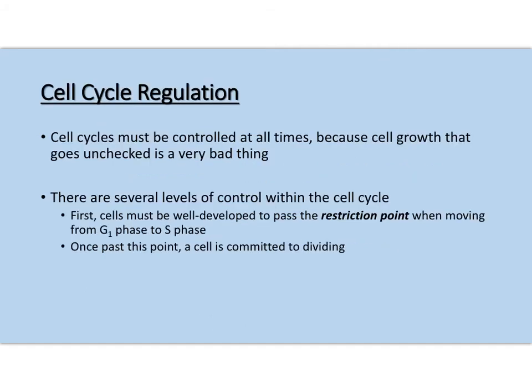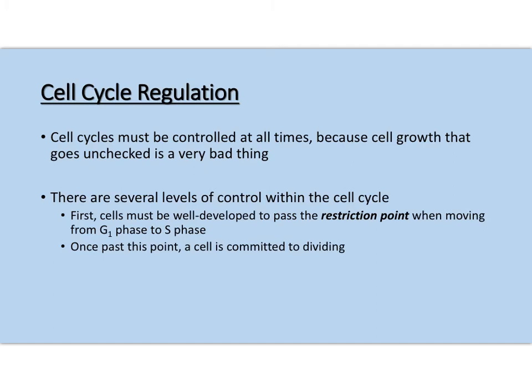Now the part that you haven't heard as much about before, probably, is regulating or controlling the cell cycle. And as we do usually mention during freshman biology, it's really important to control the cell cycle and control the rates of cell division, because if that's out of control, we've got a big problem.